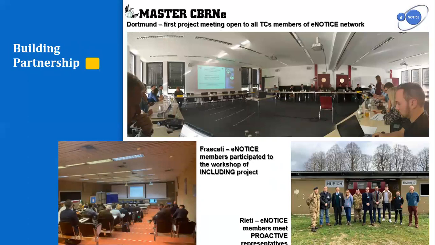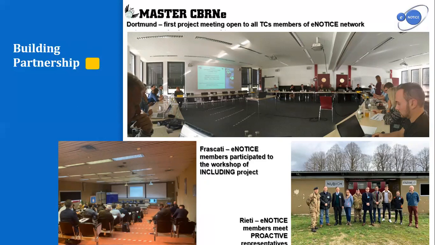Then, next step, building partnerships. Here you can see 3 different pictures taken from 3 different activities that are not simple joint activities of the eNOTICE project, but are activities developed in cooperation between the eNOTICE consortium and other EU project consortia.